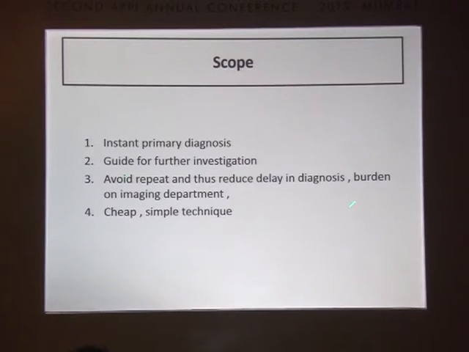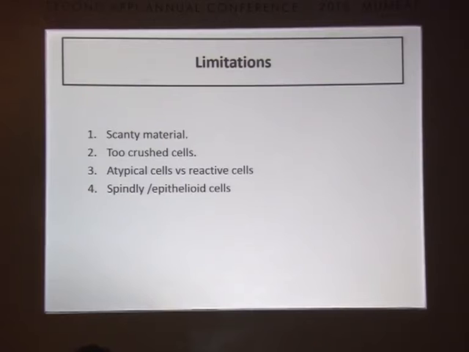So all this is avoided, so it saves time, also money for the patient, burden for the radiology, and also on pathology. So all this can be avoided by doing on-site cytology. Besides, it is very cheap and simple and very easy. No hi-fi instruments required, nothing highly technical.